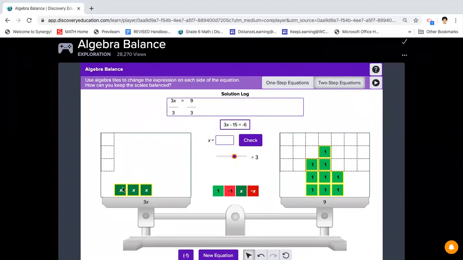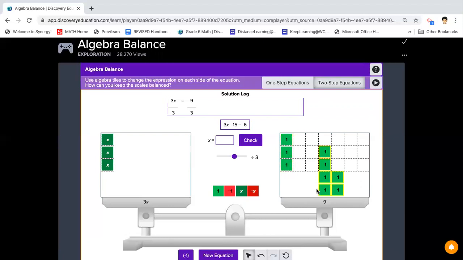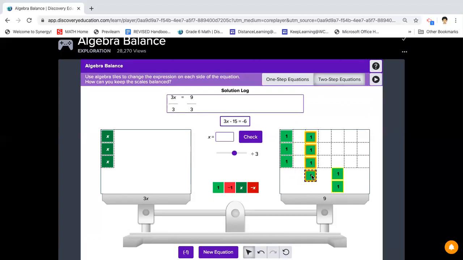I will create 3 groups of the x blocks to divide by 3. On the right side, to keep my balance equal, I will move my green blocks into groups of 3, to be able to solve for x.